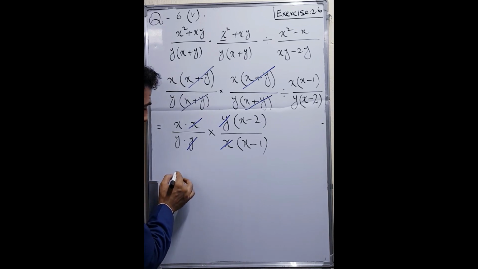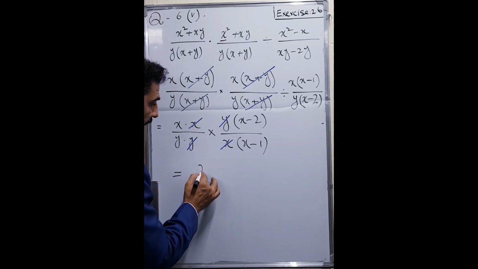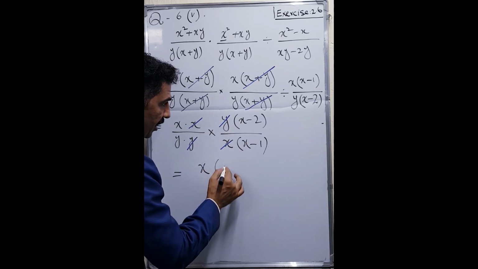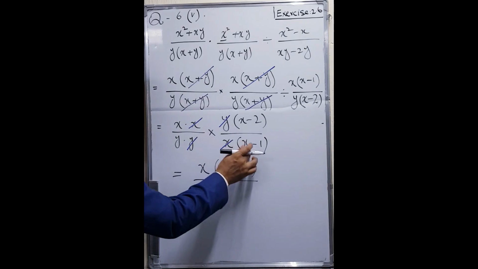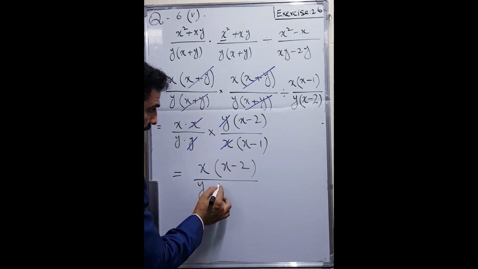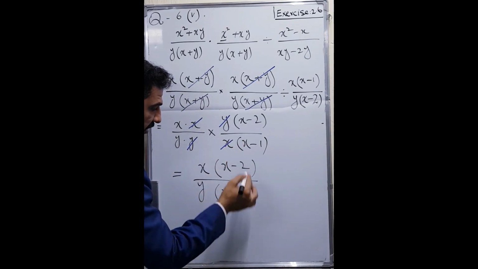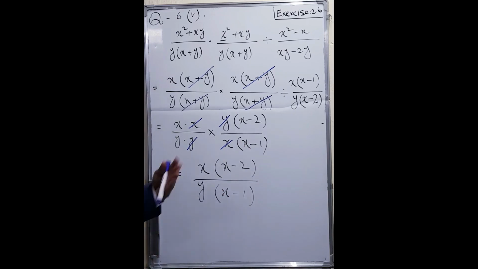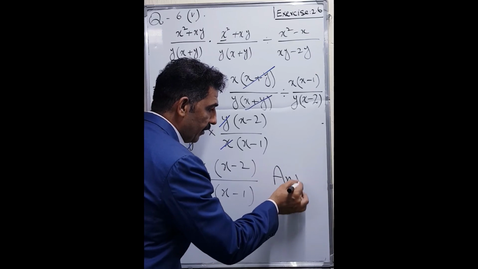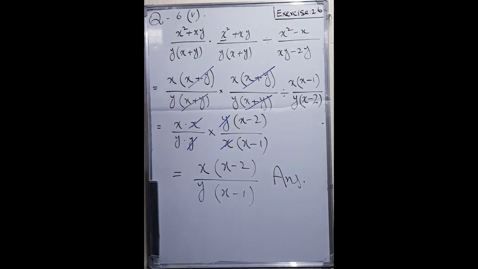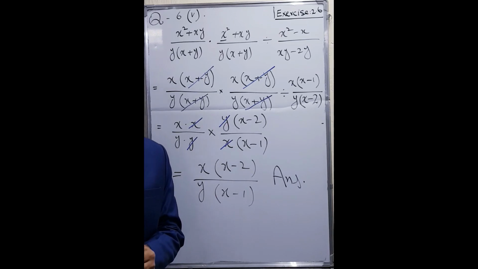What is our final answer? x minus 2 over y into x minus 1. There is no possibility of more simplification. So this is our final answer. Hope all of you got it. Got it? Good.